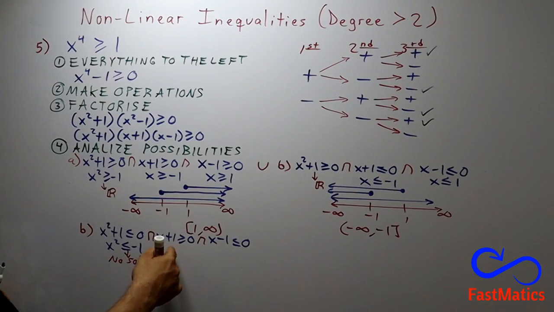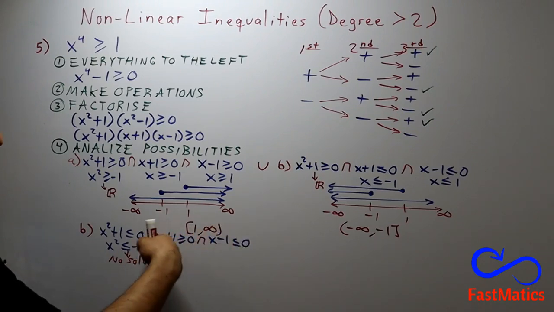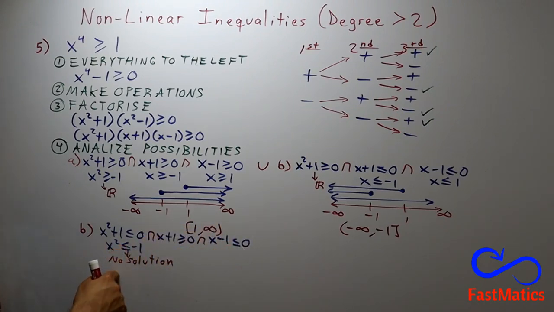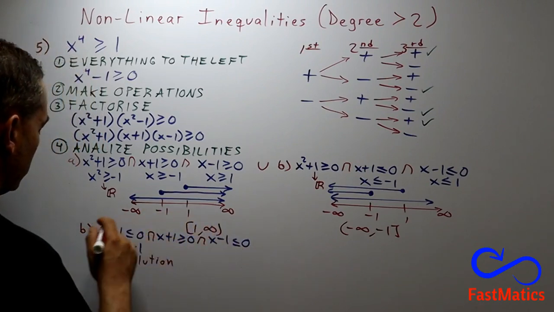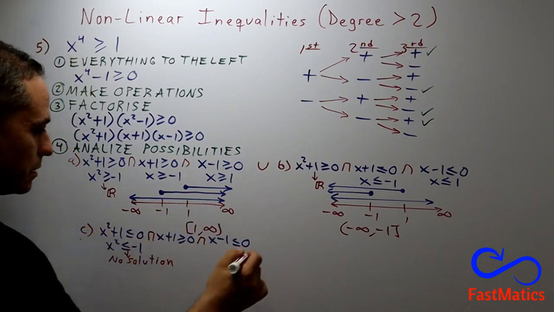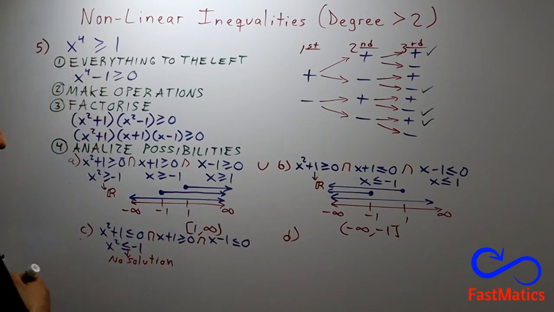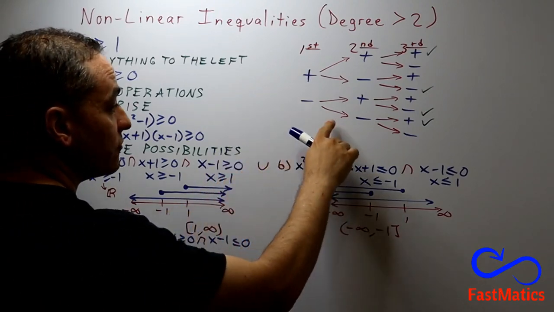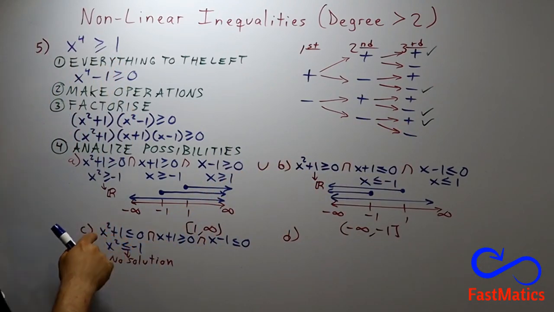So we don't need to calculate the other parts, because if you have no solution, finish. That's it. And here, the last possibility: negative, negative, and positive.